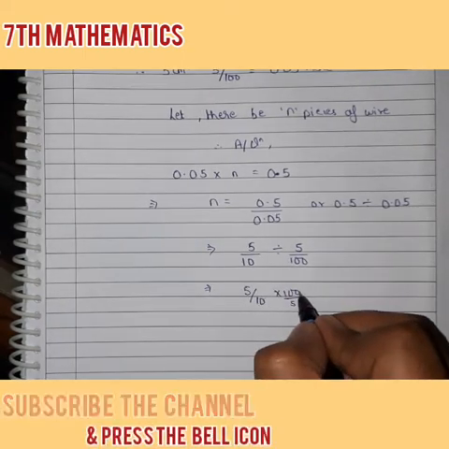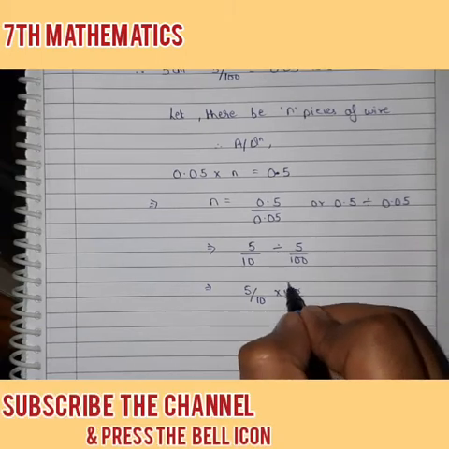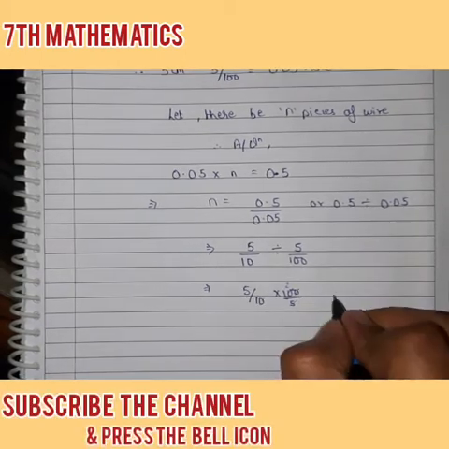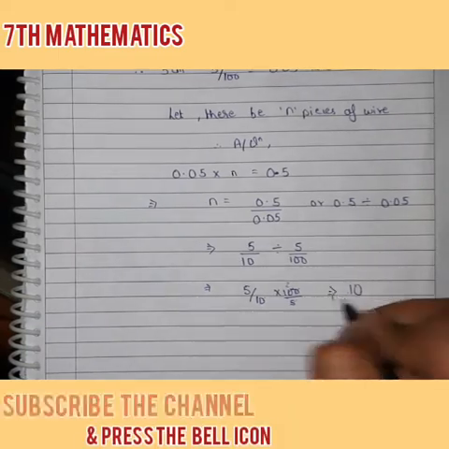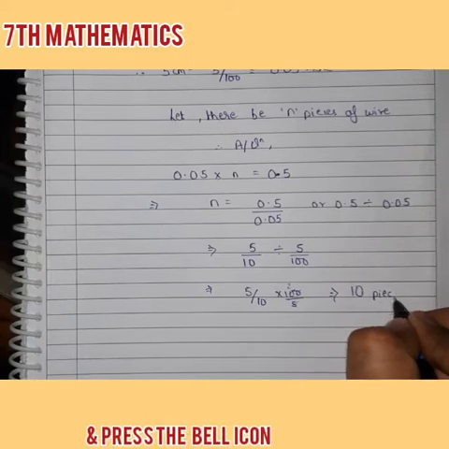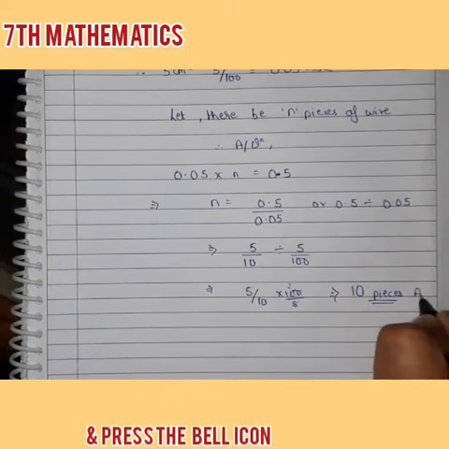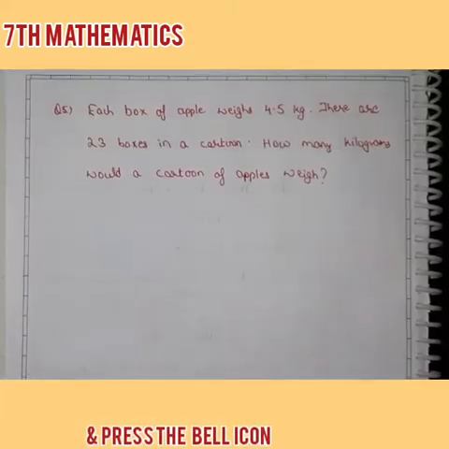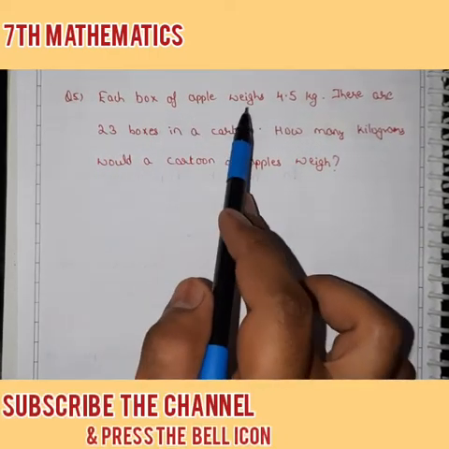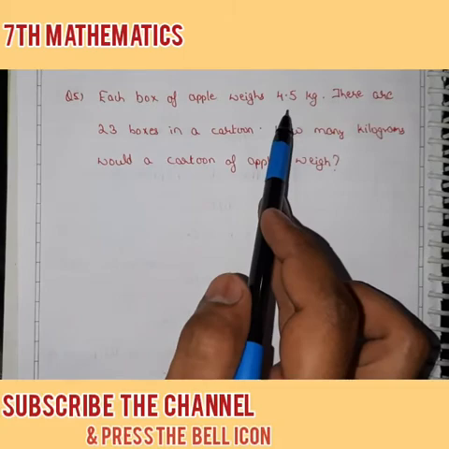Now this 0 cut. 5 into 2 is what? 10. And 5 into 2 again 10. So our answer will be 10 pieces. Final answer.